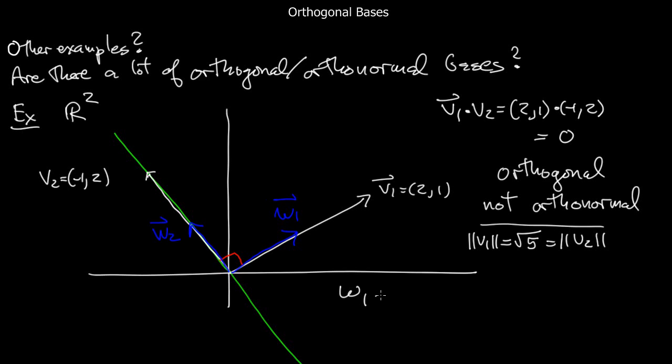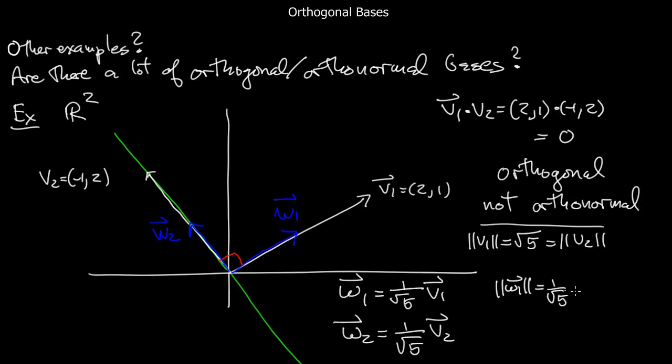And specifically, you just take W1 to be 1 over radical 5 times V1, 1 over the length of V1 times V1, and similarly V2. And now these vectors are still clearly orthogonal. They're still at right angles. But I've scaled them appropriately so that W1 and W2 both have length 1.